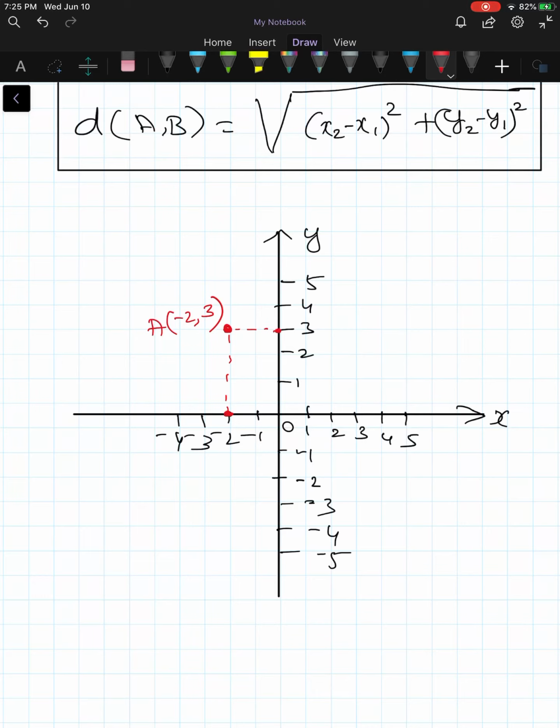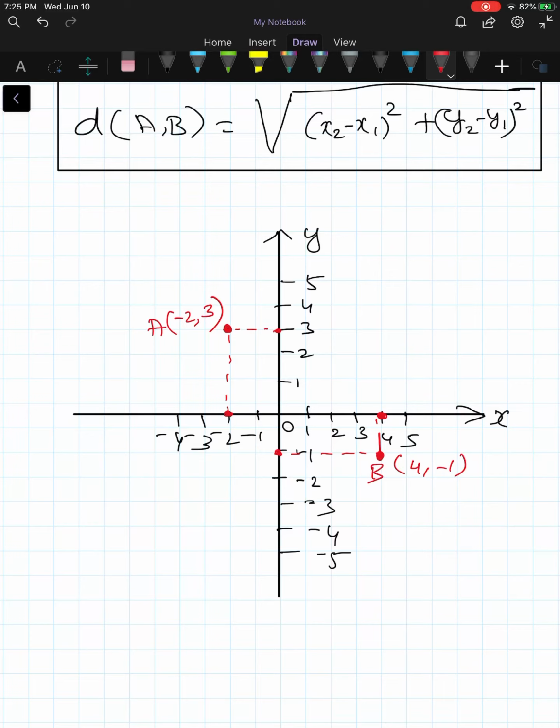And if I consider B to be 4, -1, our 4 on x-axis is here and -1 is here. So 4, -1 is this particular point.